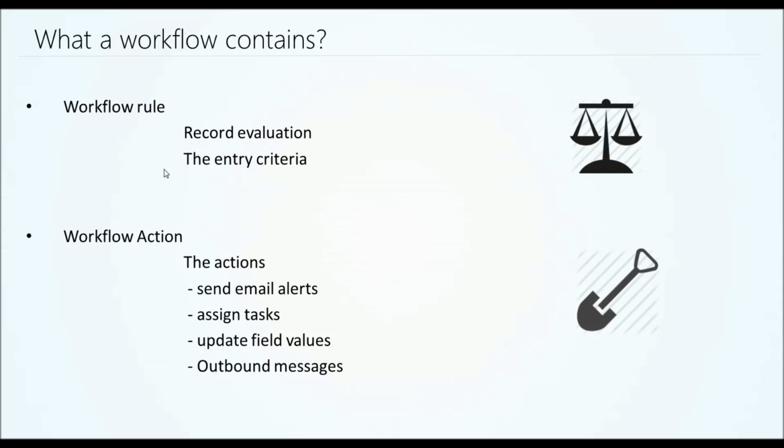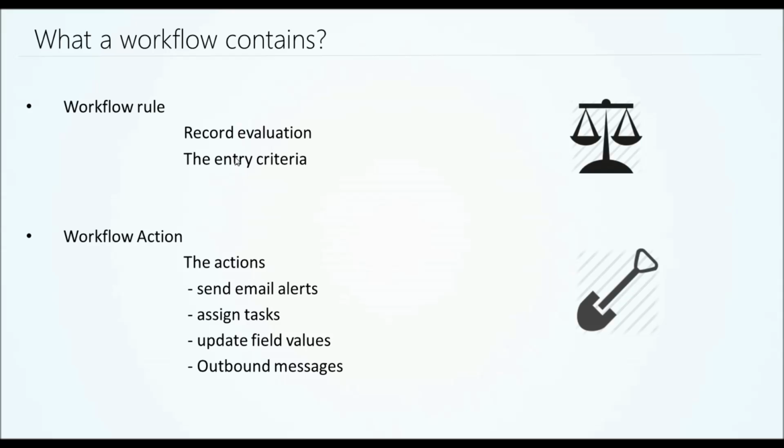Then the entry criteria. The entry criteria means which conditions must be satisfied for performing the workflow action. Here in our example, if the status of a new position is changing to open, then the email alert should be sent.